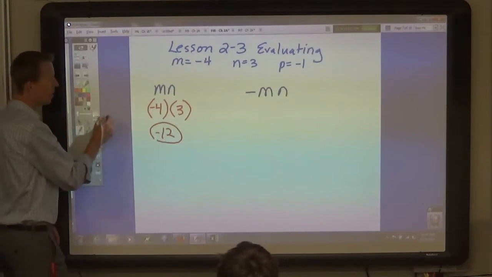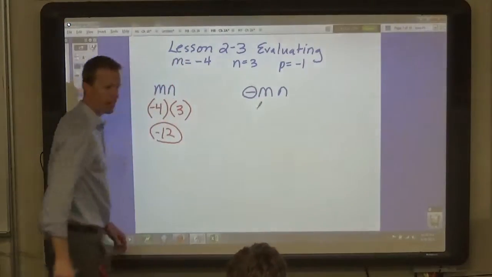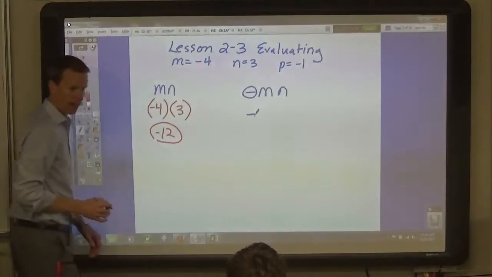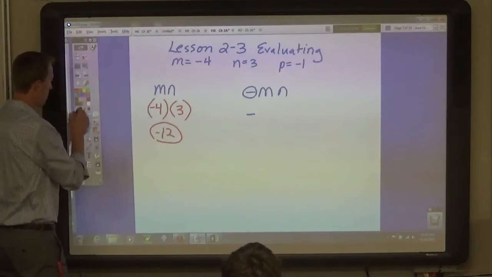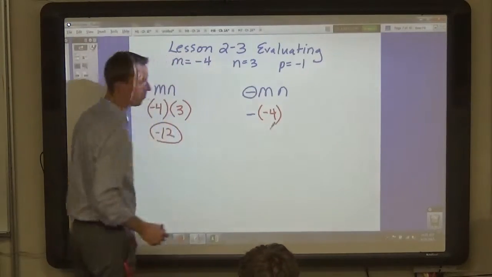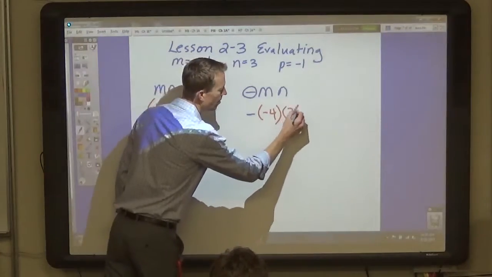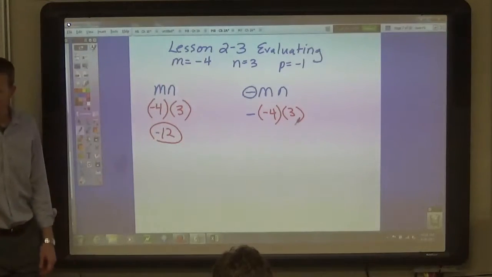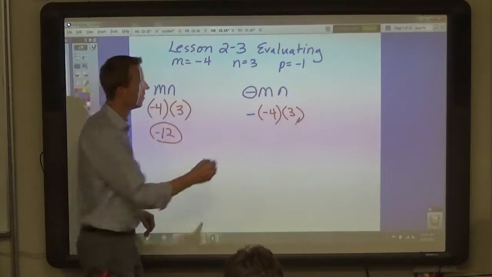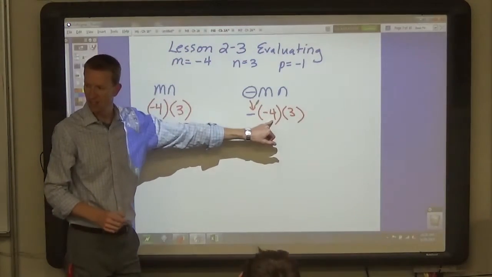Now, in this one, we have a negative sign outside of the m. So that stays there. And then m is negative 4, and n is 3. You see the difference here? This negative sign doesn't mean negative 4.